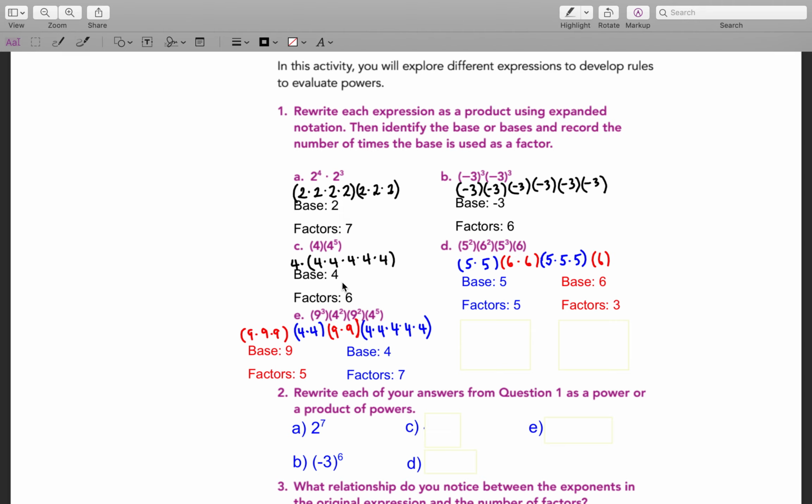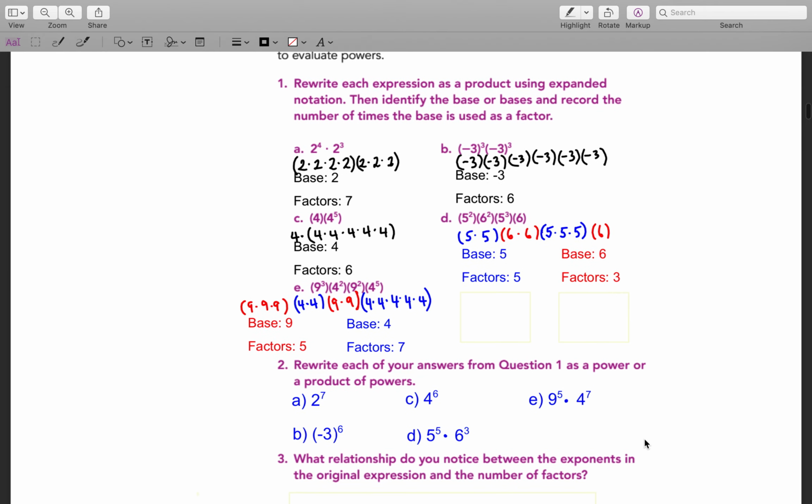For C, the base is 4 and the factor is 6, so it's 4 to the 6th power. D is 5 to the 5th power times 6 to the 3rd power. Same thing for E: 9 to the 5th power times 4 to the 7th power.